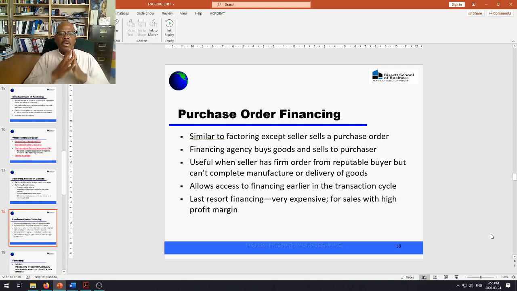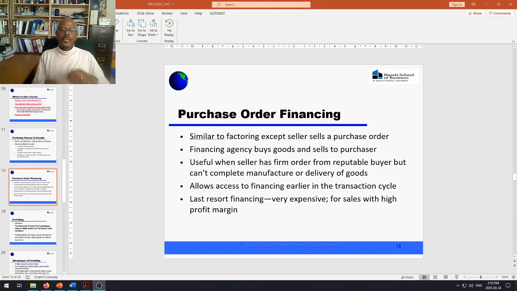But in this case, the invoice that the seller is going to sell is not an accounts receivable, but is really just a purchase order. So what happens is that the financing agency buys goods and they will be the ones to sell to the purchaser.